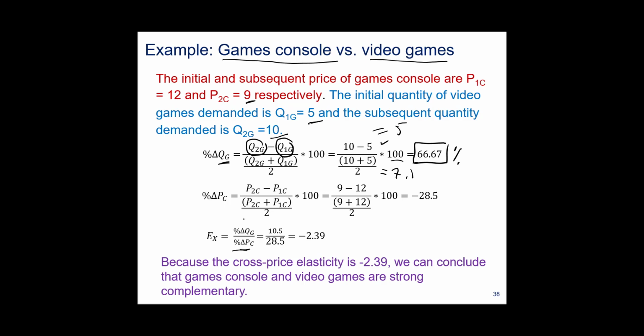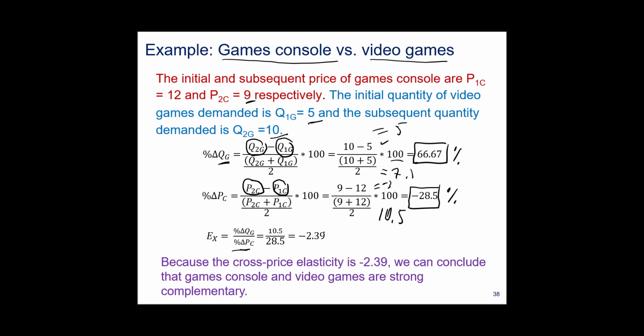The price after change minus price before the change, 9 minus 12, gives us minus 3, and we divide that by 21 over 2, so that's 10.5, and the result is minus 28.5%. This is the percentage change in the price.